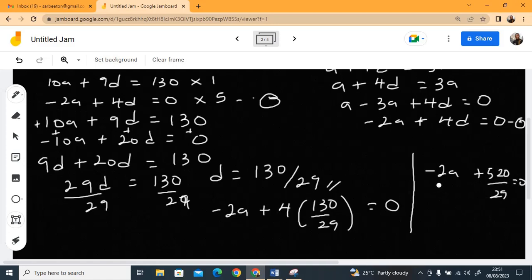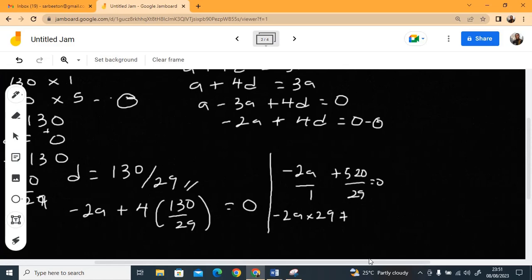Now I'll multiply each of them by 29 to clear this fraction. That will be minus 2a times 29, plus 520 over 29 times 29, equals 0 times 29.